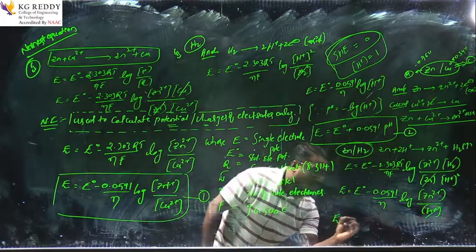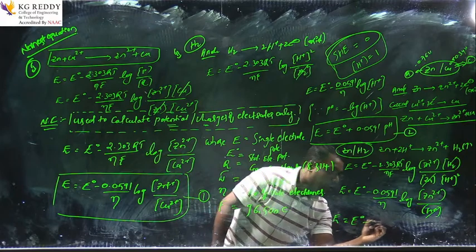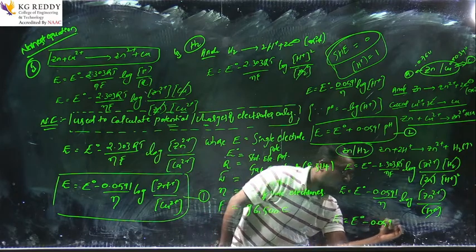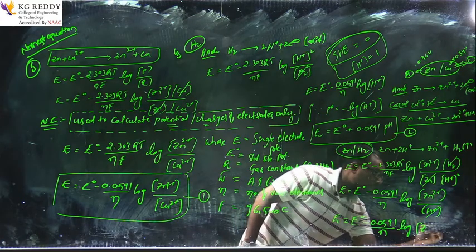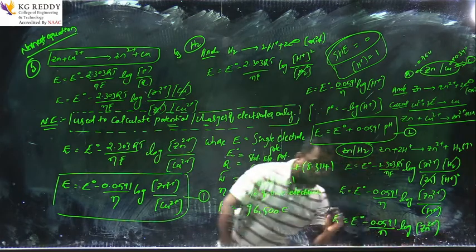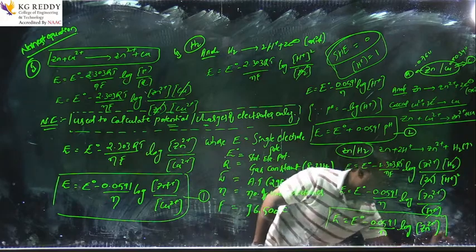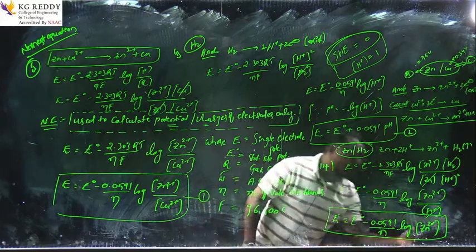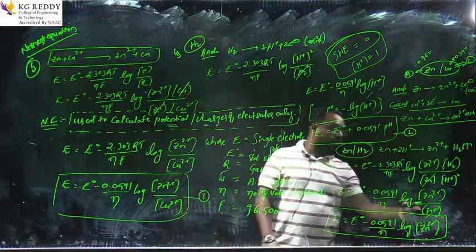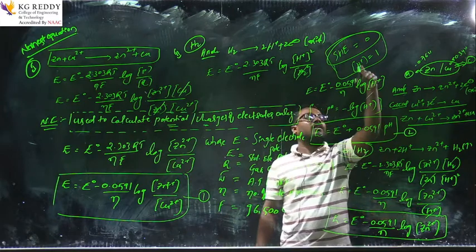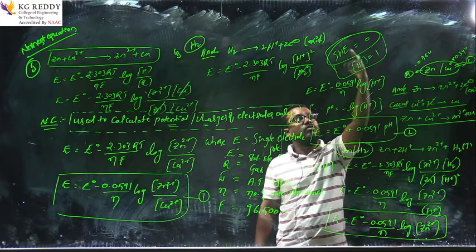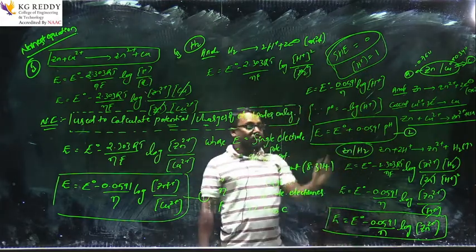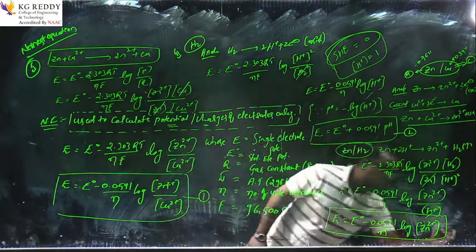The end equation is E naught minus 0.0591 by n, log of concentration of Zn2+. Therefore, this Nernst equation is used to calculate only the charges of the zinc electrode, because the concentration of hydrogen we take as 1 unit, or standard hydrogen electrode, it becomes a 0 value. That is the reason. So this is the third equation.